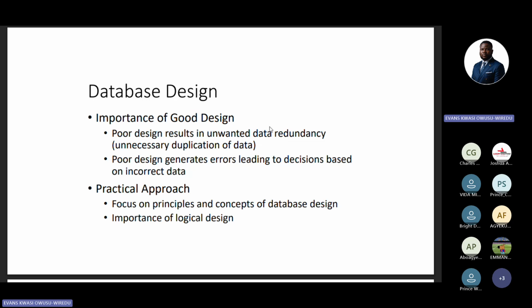And so that data that you may collect into that field would be redundant as a result.